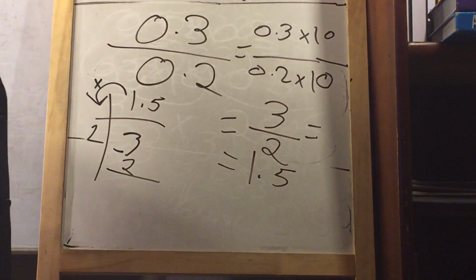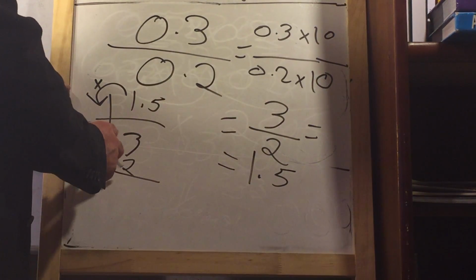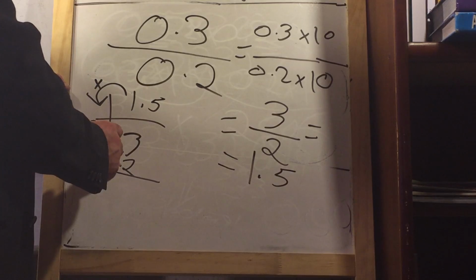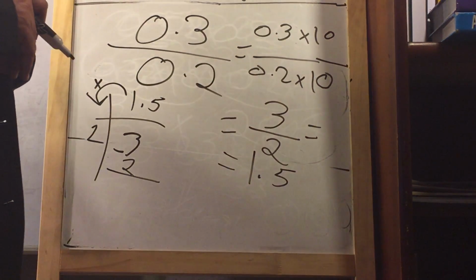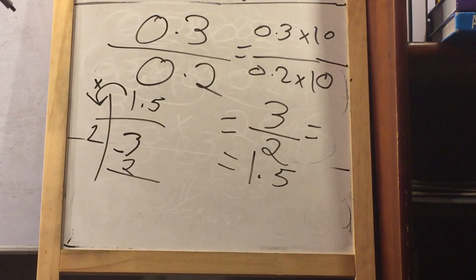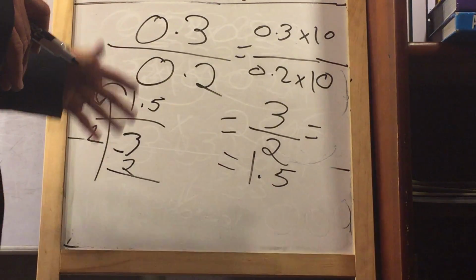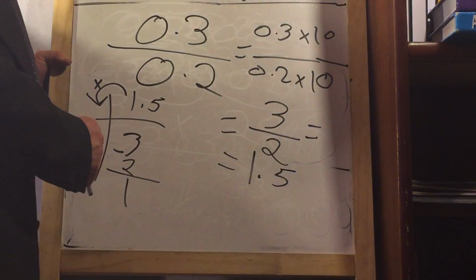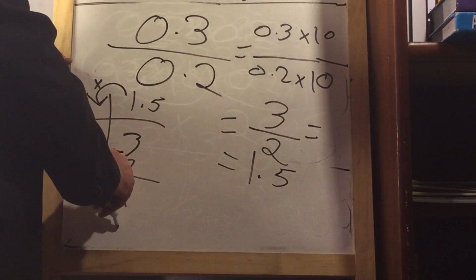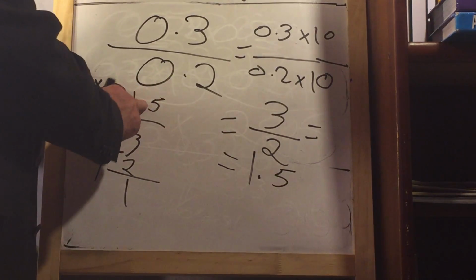Okay, now, if you review the division and did some examples in the division, like we showed you in the beginning of the elementary section, you will have an idea how to divide this, I'm hoping. So the remainder is 1 over here. 3 minus 2 is 1, remember?